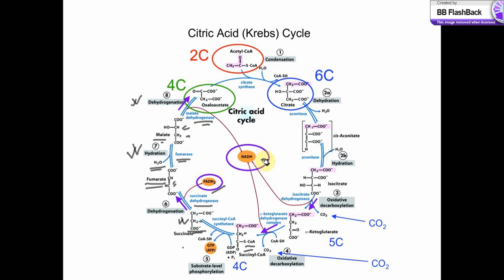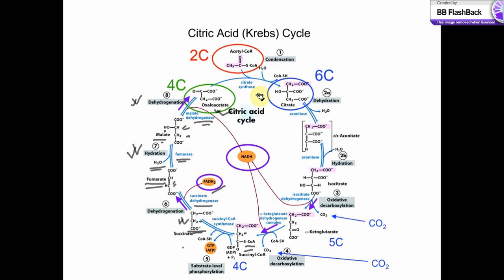So NADH plus H plus will be produced, and this hydrogen has been taken out. Now a double bond has been produced in between this carbon and oxygen. So again we have produced this oxaloacetate.